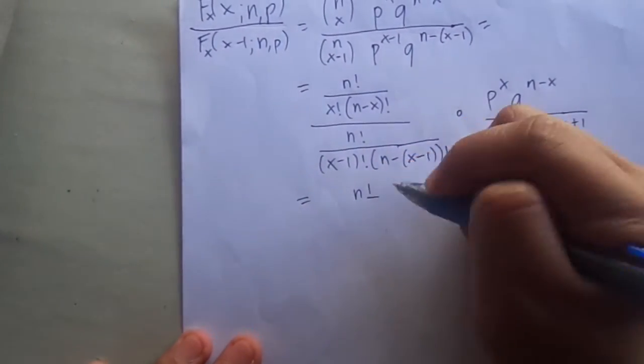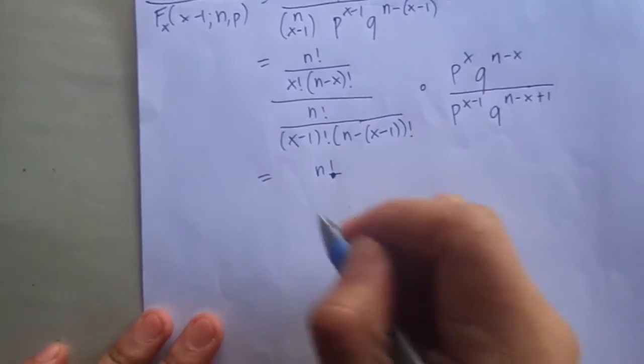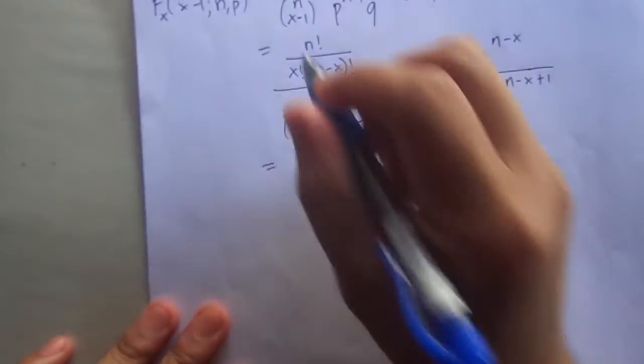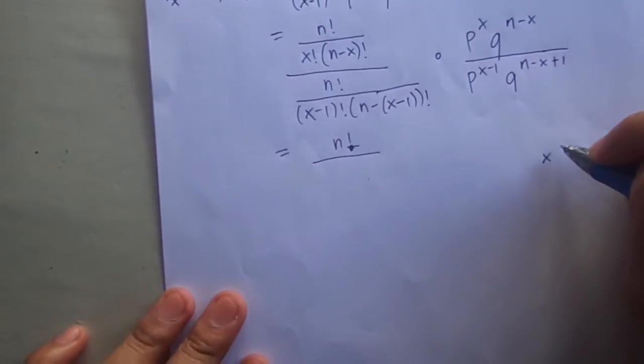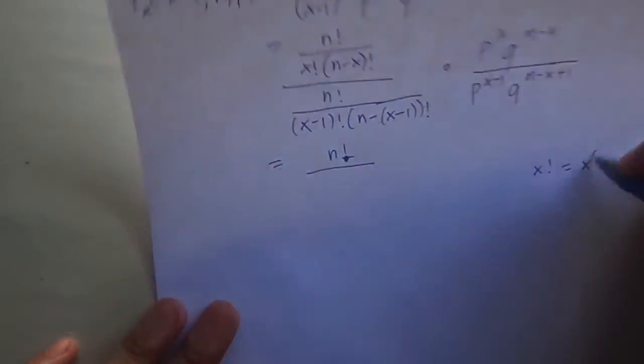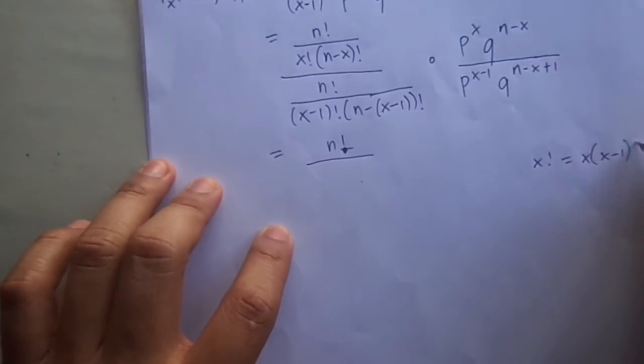So n factorial over x factorial can be written as x times x minus 1 factorial.